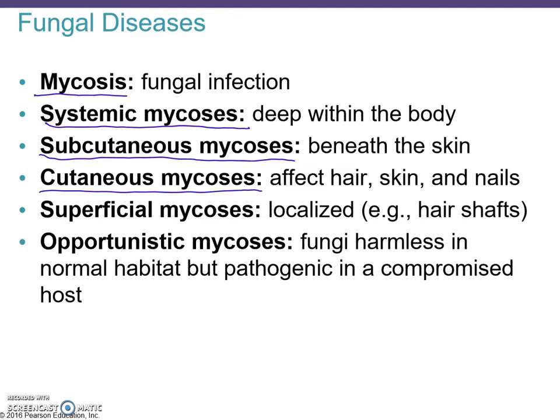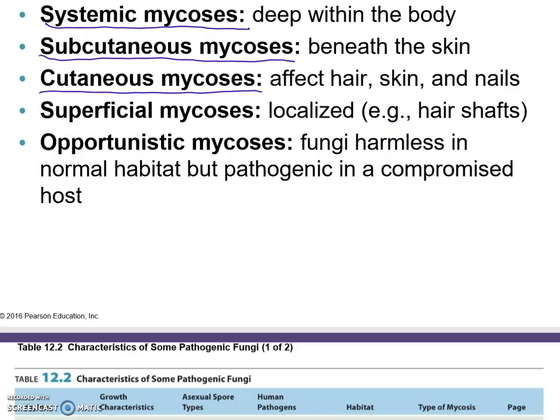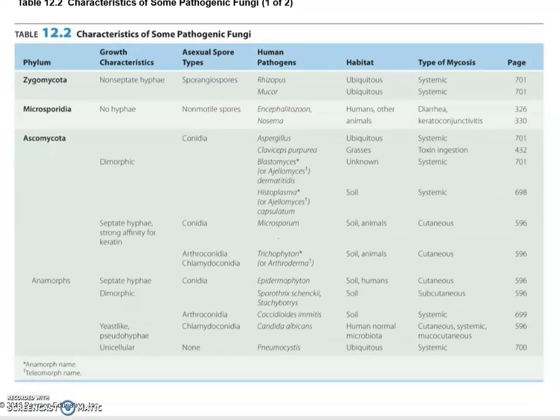Opportunistic mycoses, those are fungi that are usually harmless, but they can be pathogenic in an immunocompromised host that doesn't have the defenses. So normally they wouldn't cause disease, but in people that are immunocompromised, they can. So here are some characteristics of pathogenic fungi. And so let me point out, among the zygomycota, we don't really have a whole lot of human pathogens, and there really is nothing.